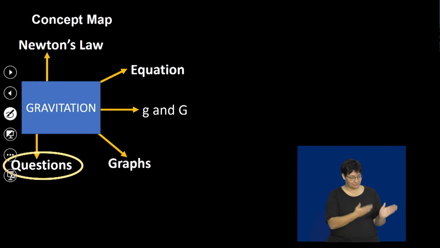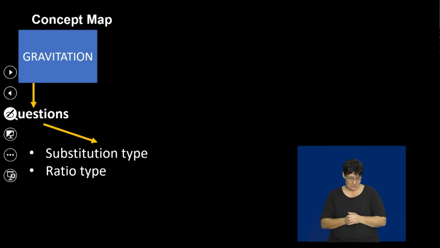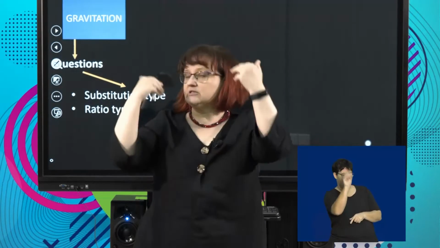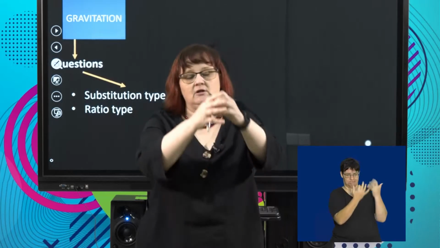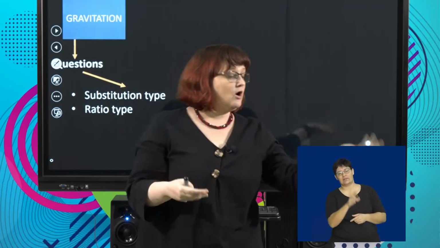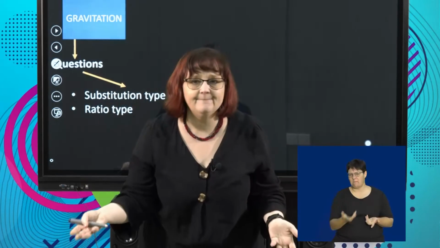Then we need to look at the type of questions we can get, and this is quite important because there are two types of questions. We get substitution questions, which are the nice ones, where they give you values, and you just substitute it into the equation, and off we go, we get an answer. Whether that's because I'm looking for force, or whether I'm looking for R, or whether I'm looking for M, it's nice.